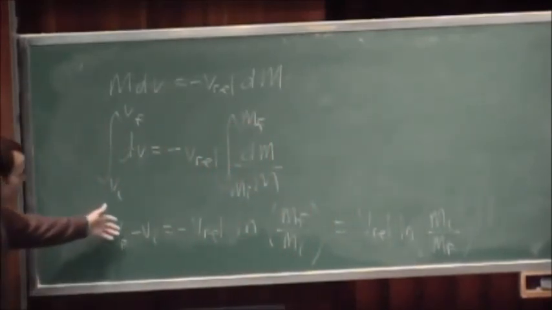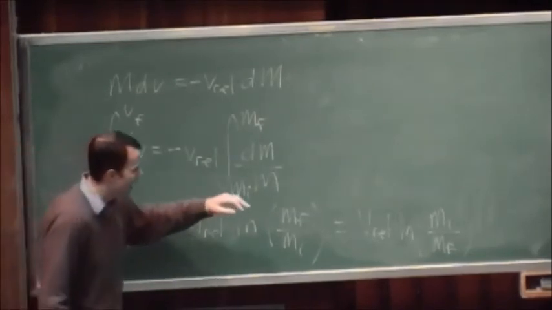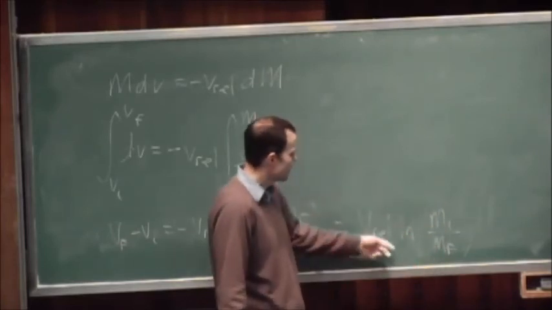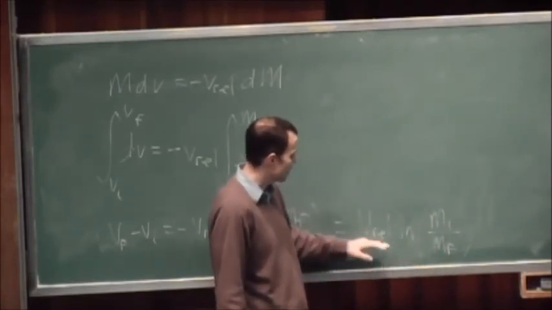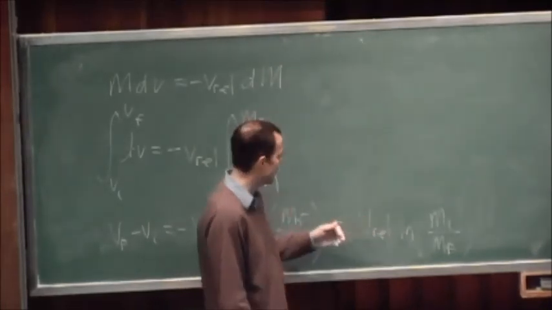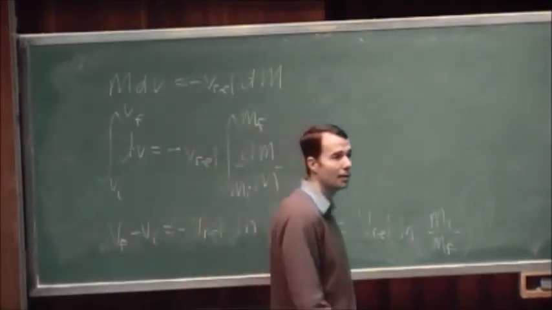So at any one particular time, if I assume my initial velocity is 0, then I can just say, what is my initial mass compared to my final mass? Take the log of that and the speed at which the particles are being ejected out the back, and I can determine the velocity at any point in time.